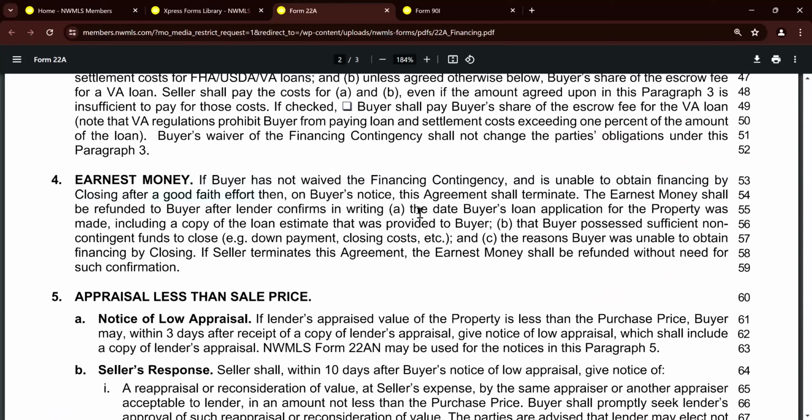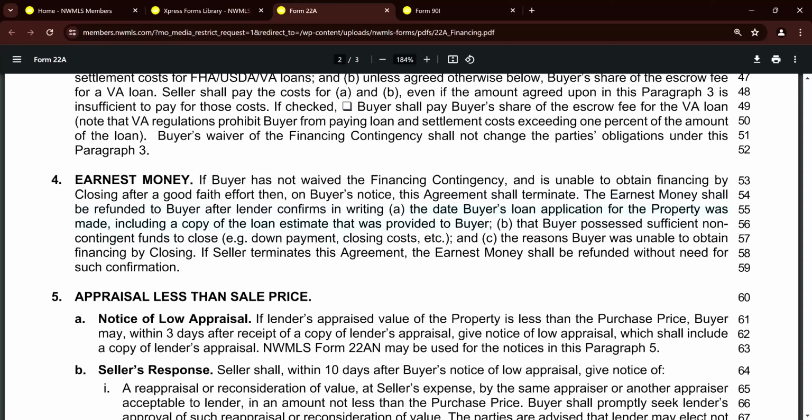We have 3 items that must be provided, and you might as well make sure you're going to have those up front. So first thing, item A, is the date buyer's loan application for the property was made, including a copy of the loan estimate that was provided to buyer.